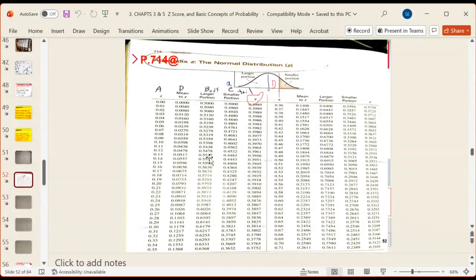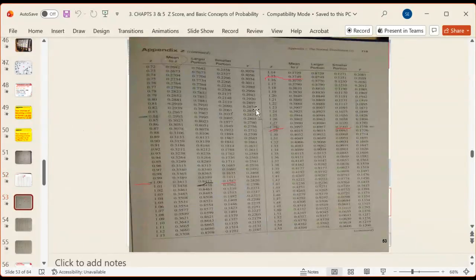So if it's 0.5 in the middle, it's 50%. But let's say I'm interested in the orange area, and I believe Z is, if I go down to the next page, let's say right there, the red line is 1.15.